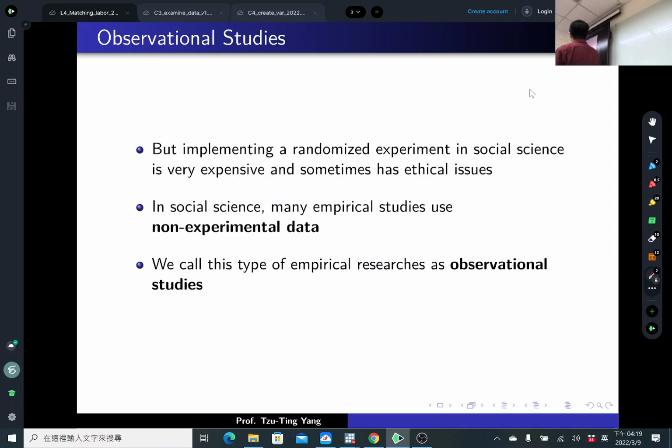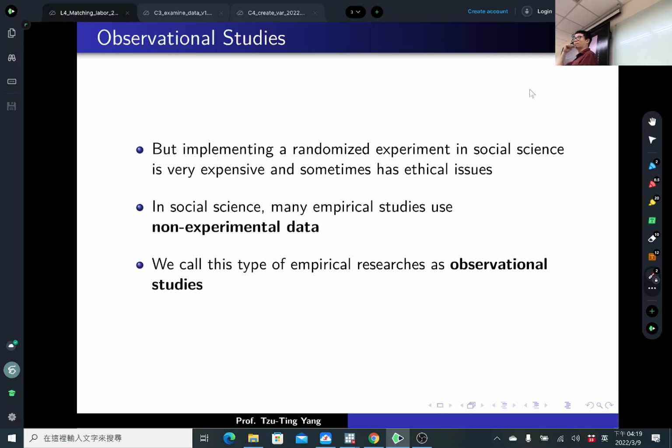In social science, implementing a randomized control trial is very expensive and sometimes has ethical issues because you cannot force a human or an individual to do something he didn't want to do. For example, you randomly assign a master's degree. So what about those who do not get a master's degree? You cannot do that. So basically you cannot implement a randomized control trial to answer very important questions.